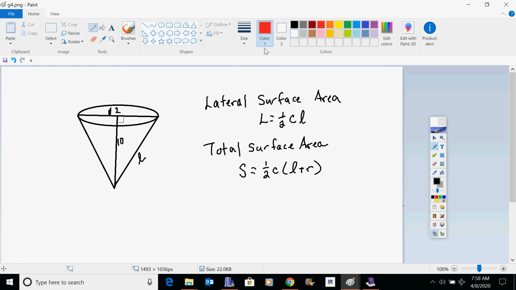So let's be careful here. Remember, a diameter is twice the radius, so that means I'm going to be taking 10 squared plus 6 squared and finding L from that. A squared plus B squared equals C squared. It was kind of hiding a little bit. So 136 is L squared.